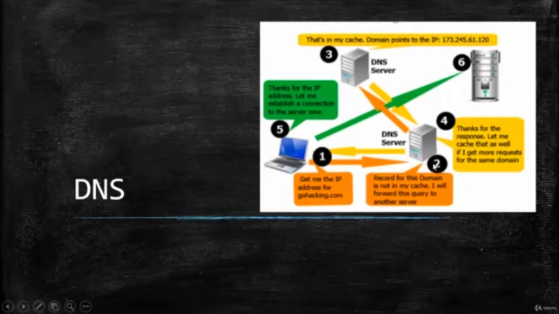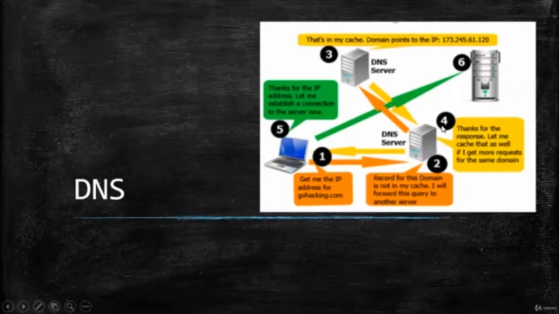You can see step number 2, query record for this domain is not in my cache. I will forward this query to another server. So when the client requests a name to IP address from this server, the server has no details for gohacking.com.